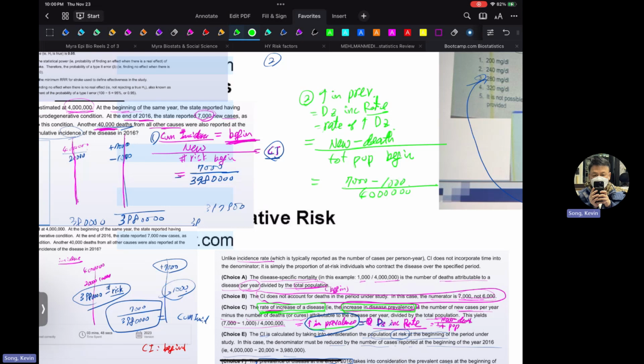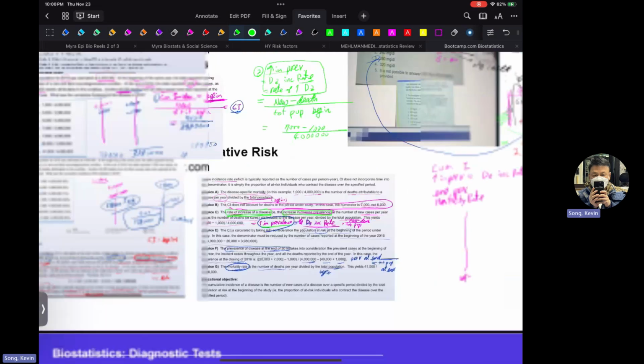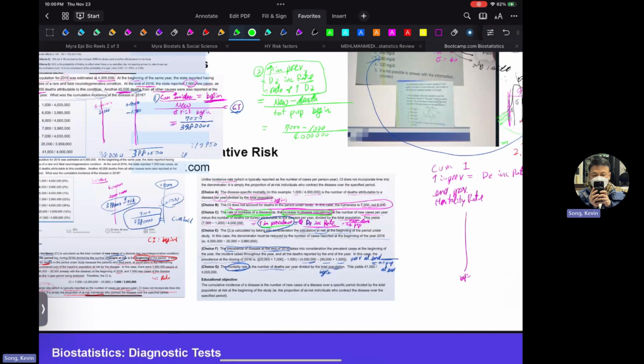That's the rate of increase in disease, or increase in the prevalence, or disease increase rate. These definitions are very hard to remember, but that's how they are defined. Also make sure it's the total population at the beginning, and then new cases minus the death.